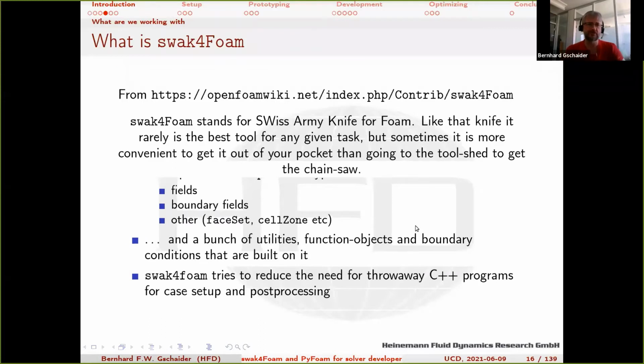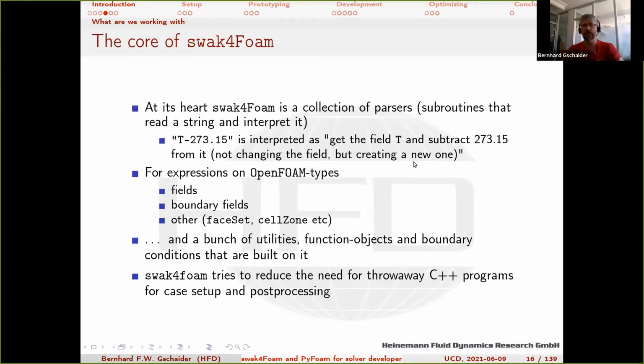And the core of swak4Foam is that it's a collection of parsers. A parser is a program that reads a text and interprets it and does some things. Basically, what it does is it reads expressions like the one above. It evaluates the expression and then does something with the results.